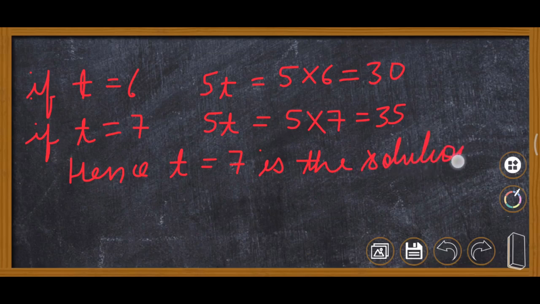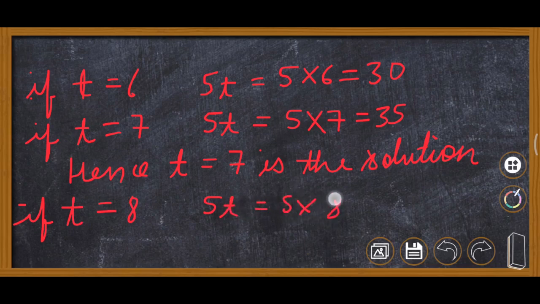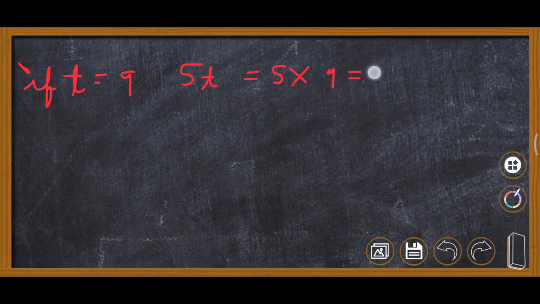Now for filling the table we have to put more values. If t equals 8, then 5t is equal to 5 into 8, which is 40. Then if t is equal to 9, then 5t is 5 nines, which is 45.